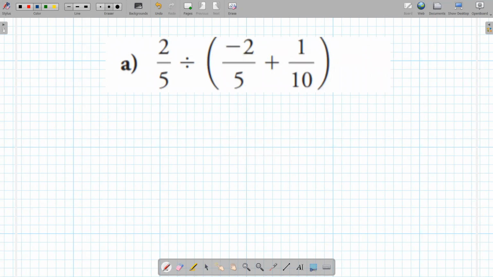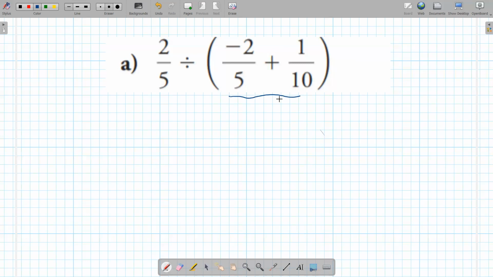What would be the first thing? 5 times 2 and then -2 times 2. No, you first have to do the bracket before you do the division. In case you'd flip it, you first have to clean the brackets.